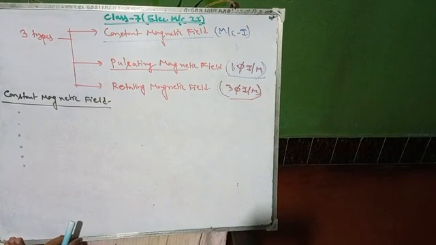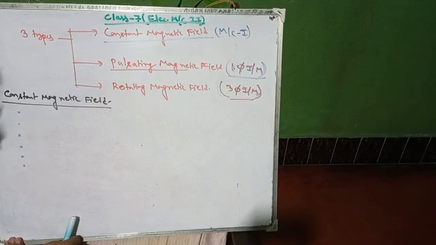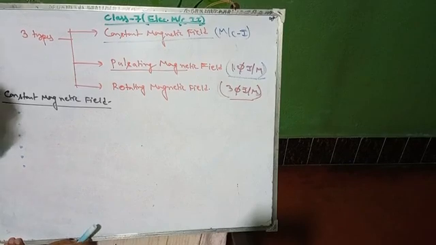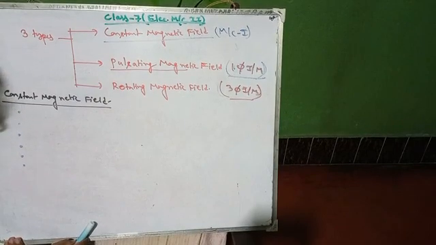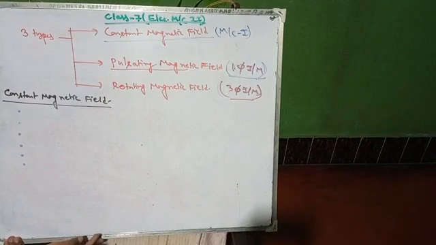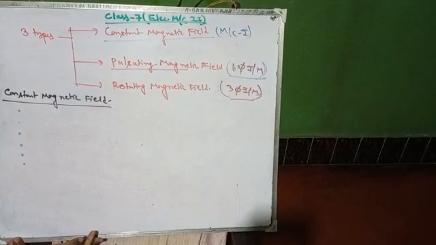Constant magnetic field can be produced by any steady state current flowing through any conductor, or from a uniform magnetic field developed by a permanent magnet.